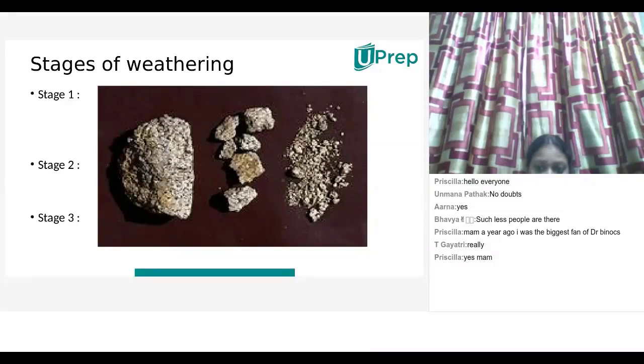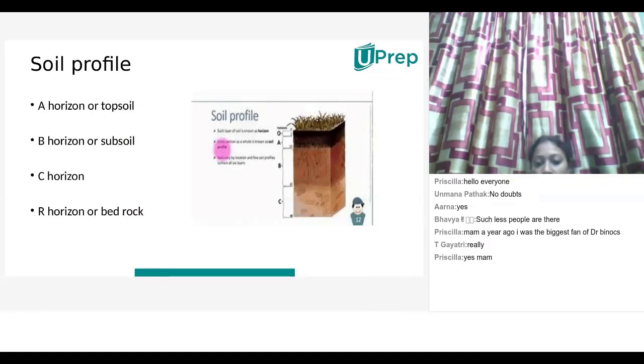Finally at stage 3, you will get porous, tiny particles of soil. From stage 1 to stage 3, it requires much time, so we need to conserve this soil.